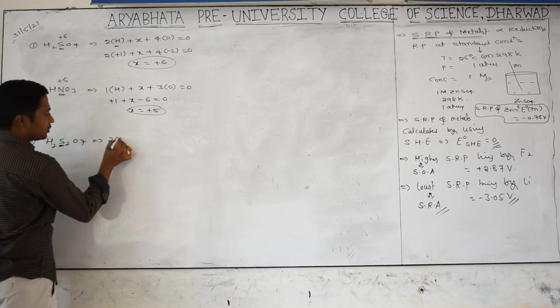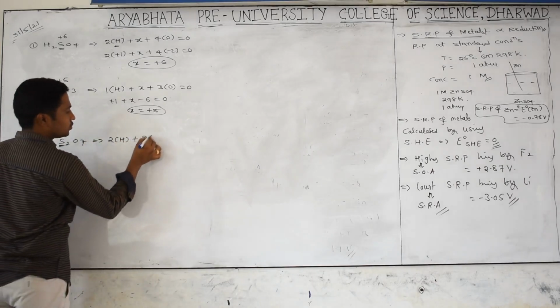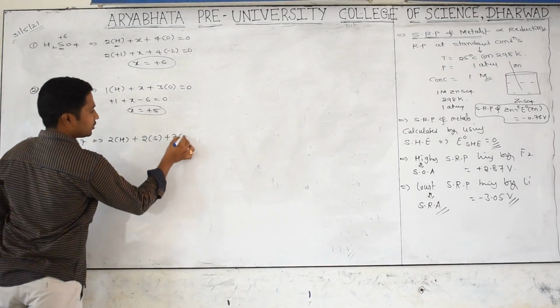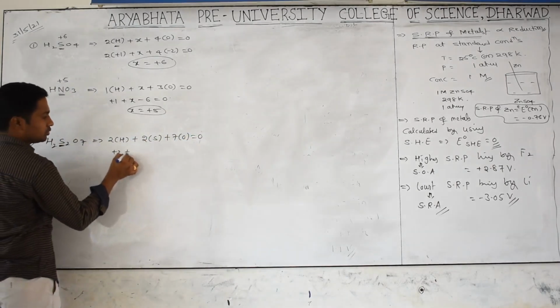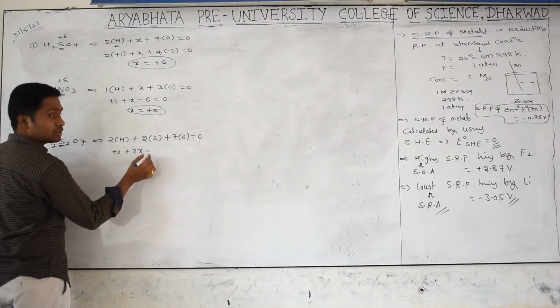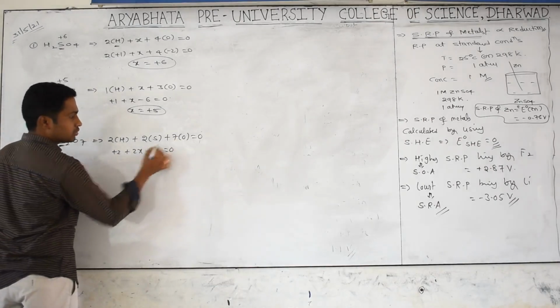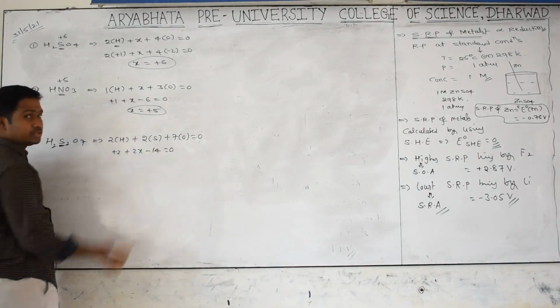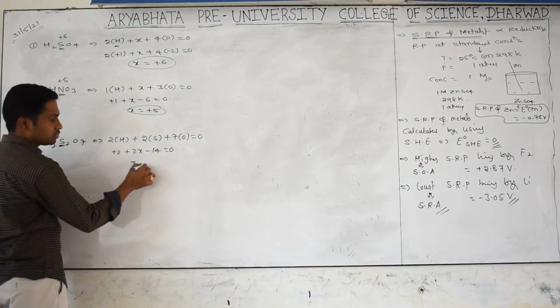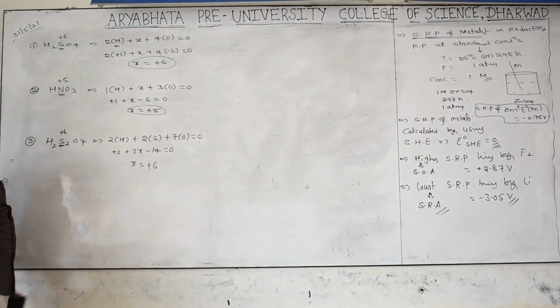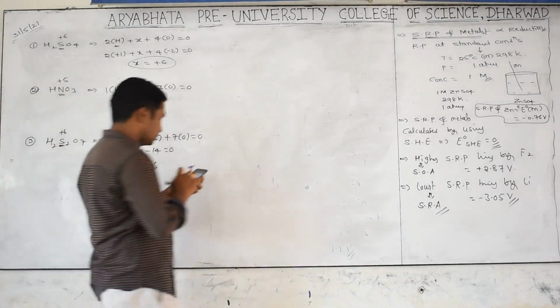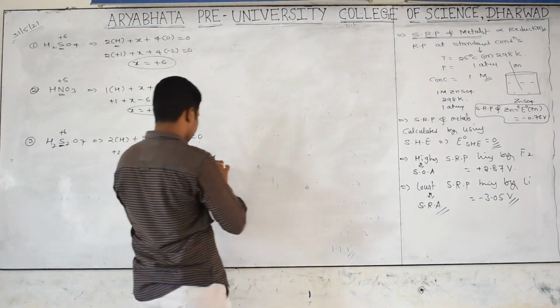Taking 2 hydrogens plus 2 sulfurs plus 7 oxygens equals 0. 2 hydrogens means +2, plus 2X, plus 7 into -2, which is -14, equals 0. Then we get 2X equals +12, so X equals +6. Write down here, each sulfur oxidation number is +6. I will tell you some other species.